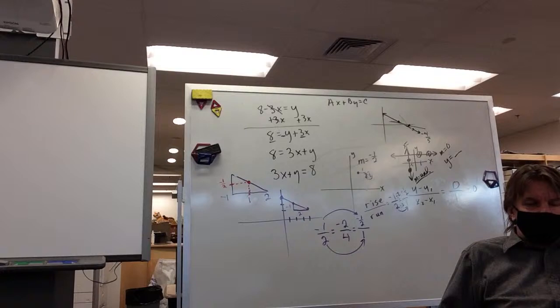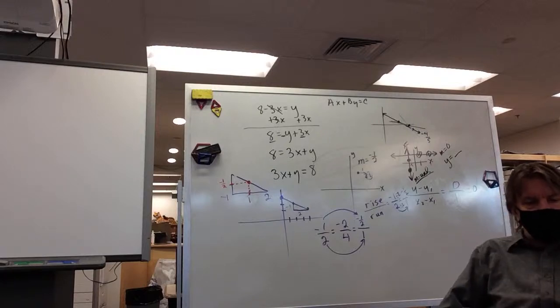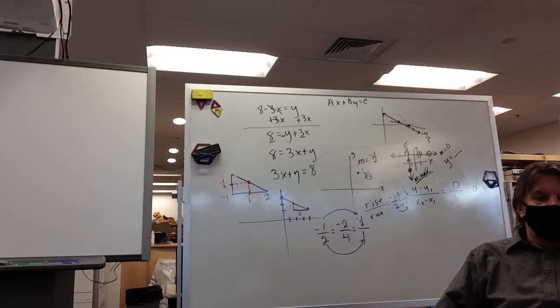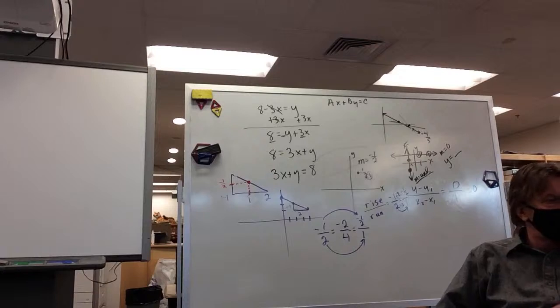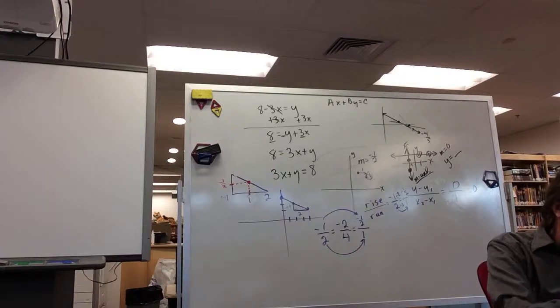Okay, so it says to find the slope and the y-intercept of that line. So where do we start from? Jackson, you want to explain it? No? You're not comfortable with what you did? Okay, so number 8 needs to be dealt with.